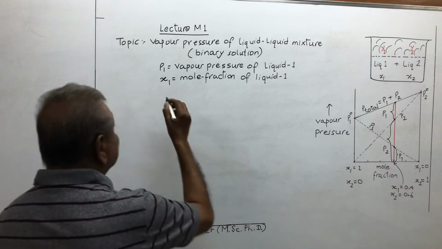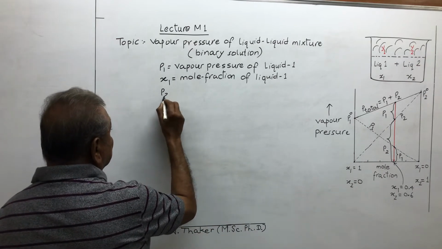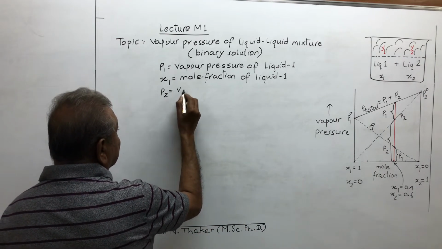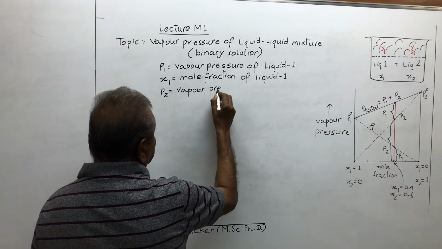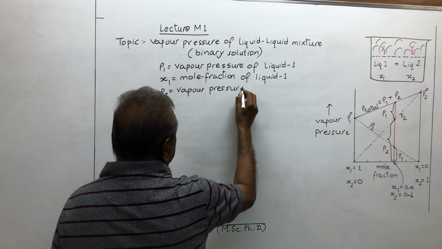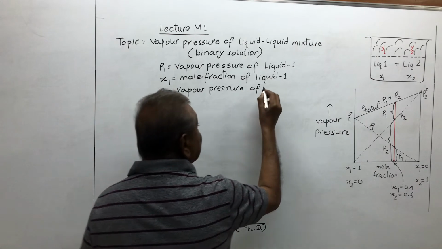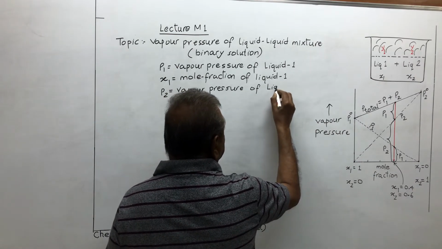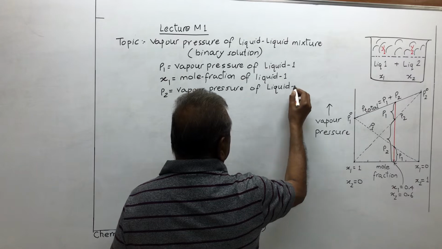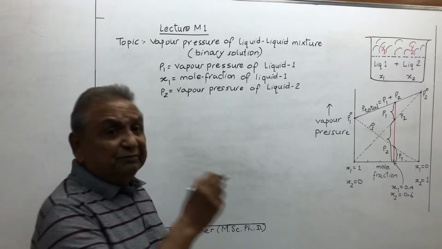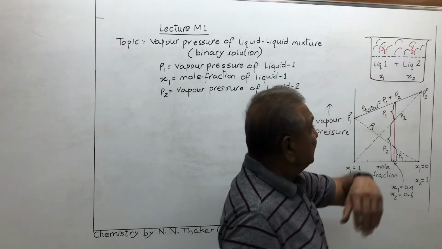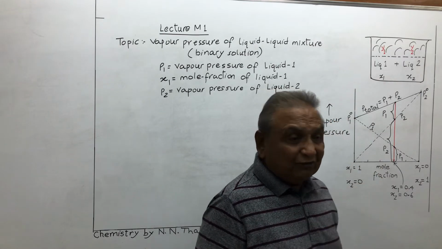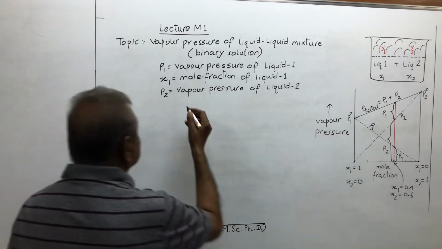Let P2 equal to vapor pressure of liquid 2 at the same temperature. It's a mixture. I have given here a simple figure. Of course, both at the same temperature.